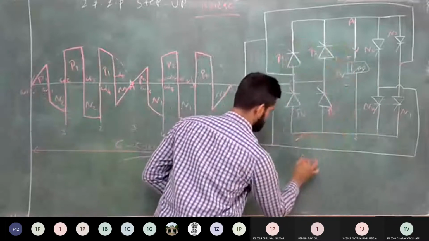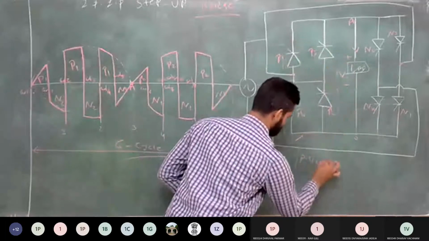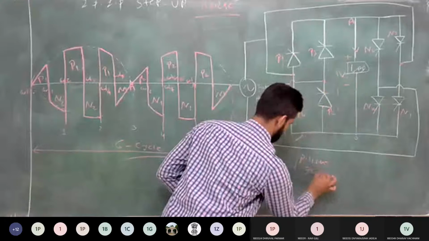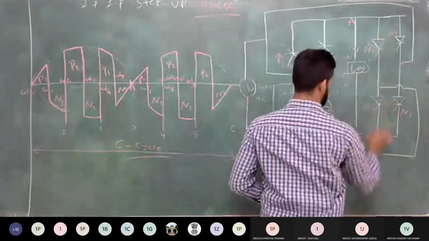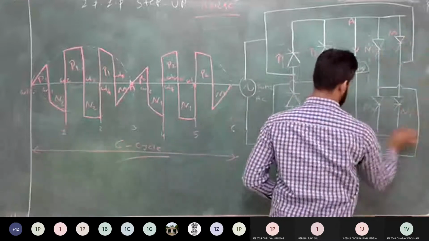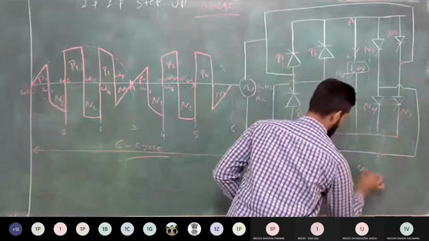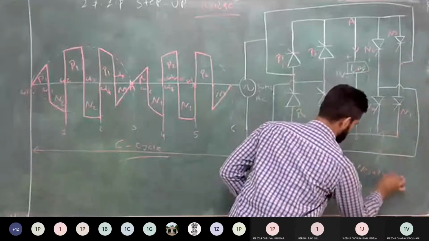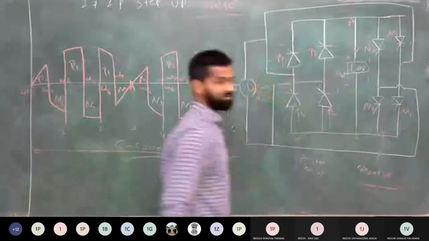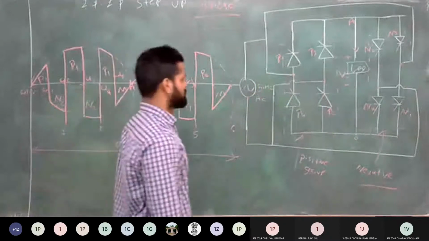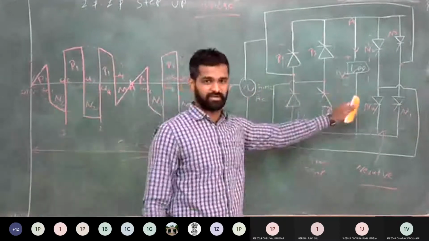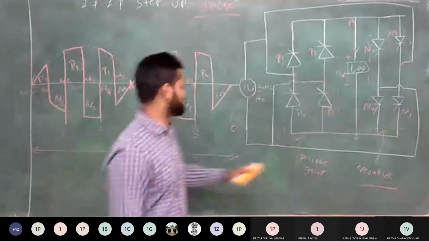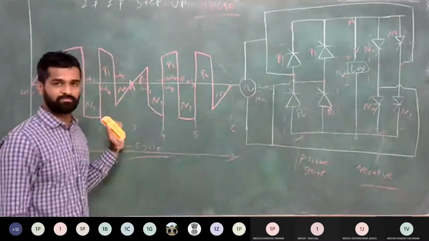These thyristors are called the negative group because they give a negative voltage across the load side. Clear? With this configuration, we get the same waveform.